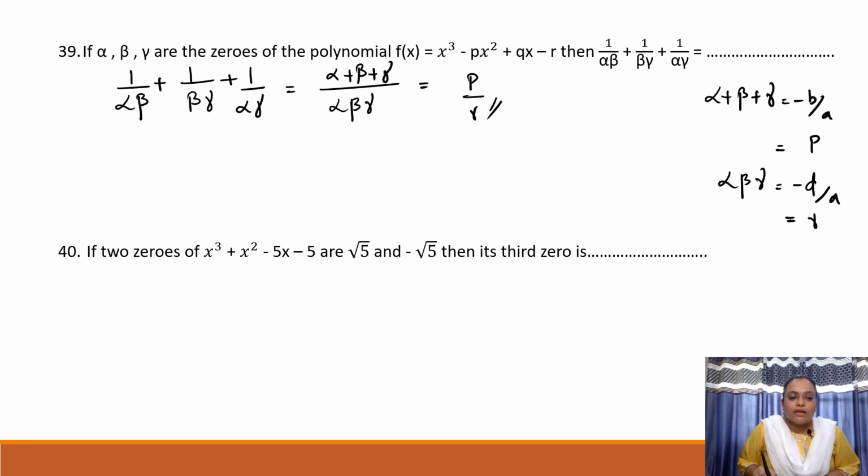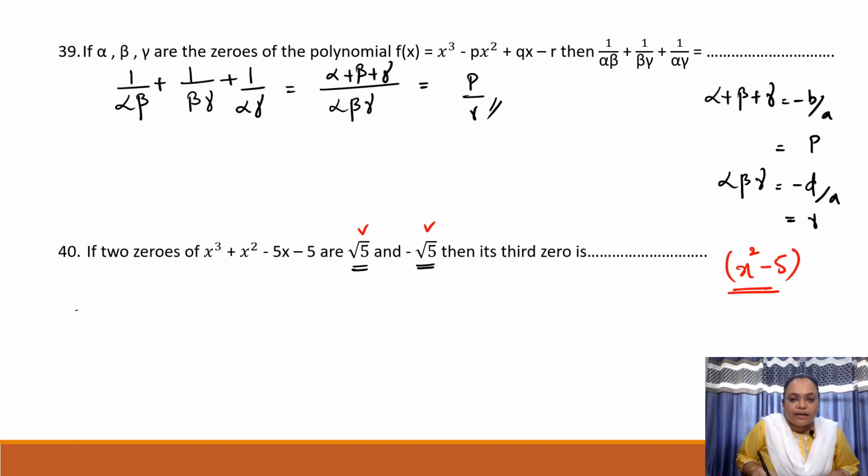Okay. So, the next one is, if two zeros of the cubic polynomial are root 5 and minus root 5, then its third zero is. I think we have done this kind of problem. So, if root 5 and minus root 5 are the two roots, we will get it as x square minus 5.